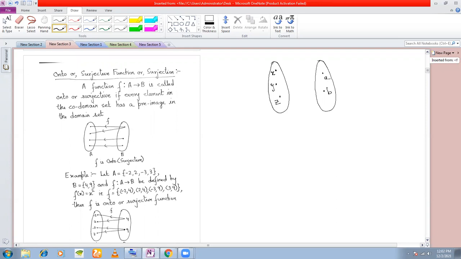If I map this element to this by this relation f, let's call these sets A and B. I mentioned this to you earlier also, that here a belongs to B is called the image of x belongs to A, right?